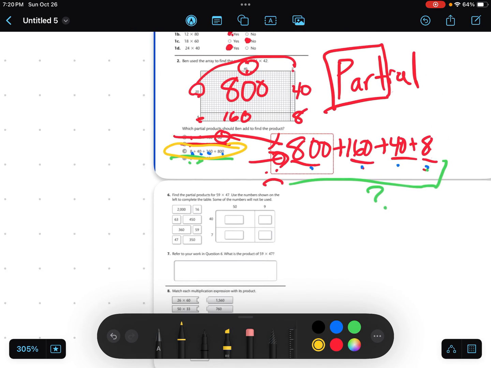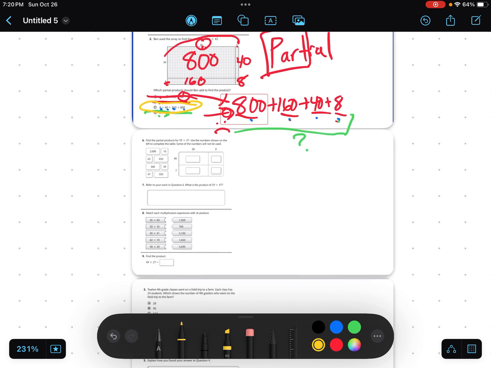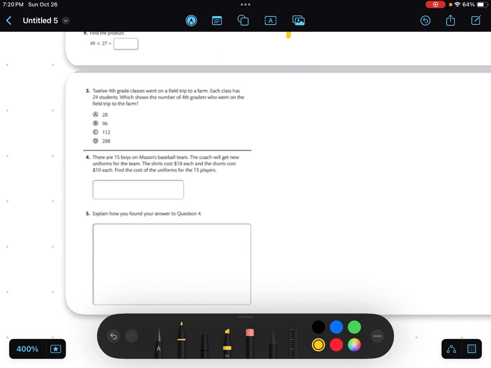So let's go on to number 3 down here. 12 fourth graders. So what do we know? We know that there's 12 fourth graders and they go on a field trip to a farm. Each class has 12. Wow. 12 fourth grade classes. I didn't realize that.